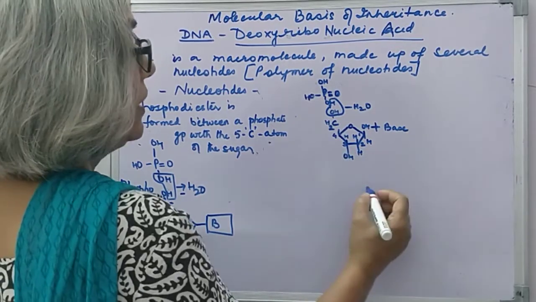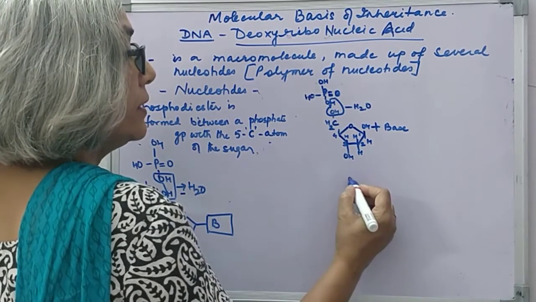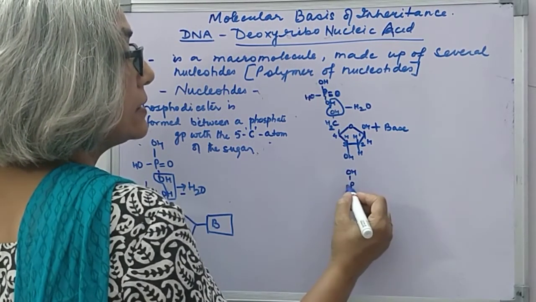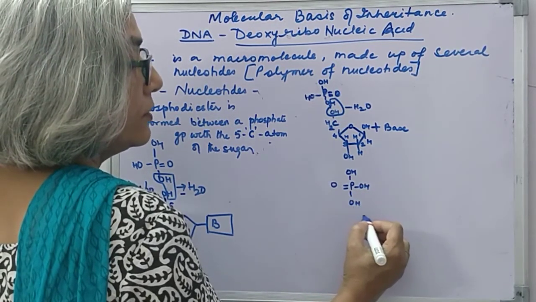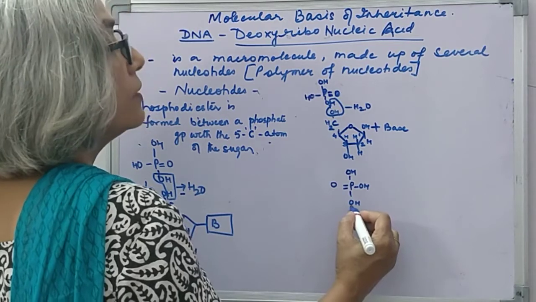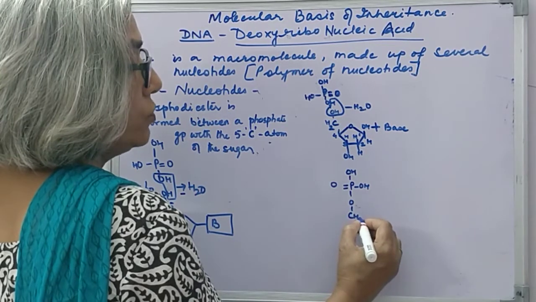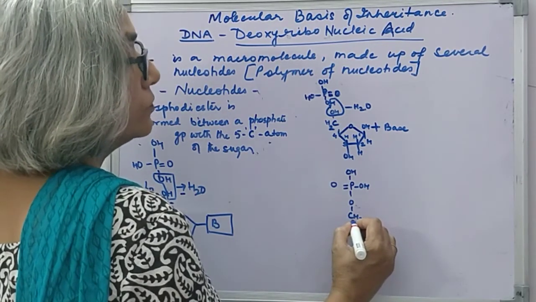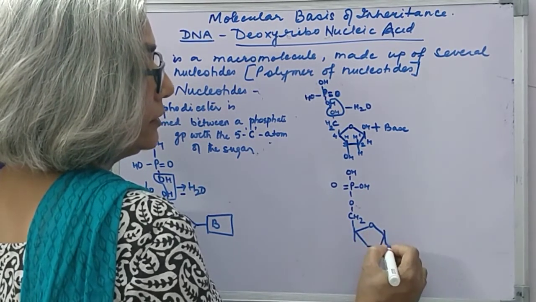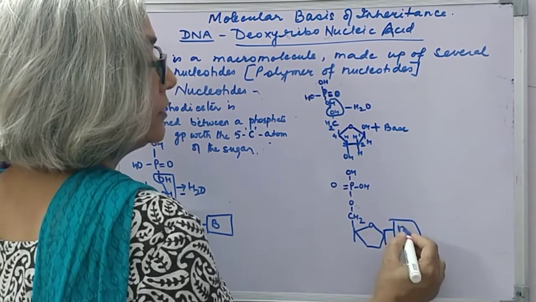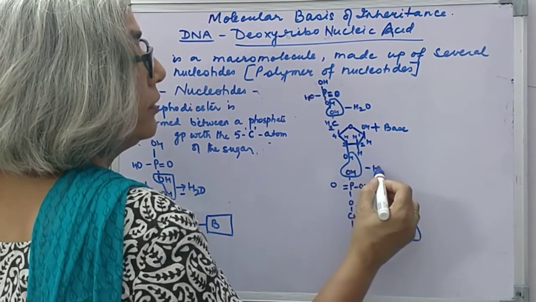Okay. Now, the next nucleotide. The next nucleotide is this, the phosphate group, which attaches to the fifth carbon atom of the sugar like this. Another base attaches here. So now a molecule of water is removed from here.